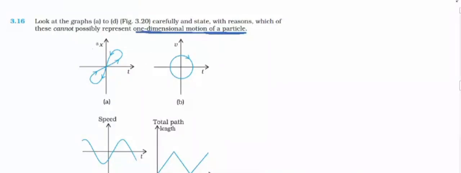First graph is a position time graph. When you take this position time graph, you take a particular time, this particular time. Corresponding two positions are there. So if the object travels only along a straight line, if it travels, then returns back, whatever the situation, at a particular time, it has only one position.